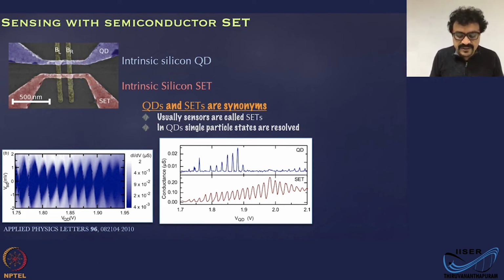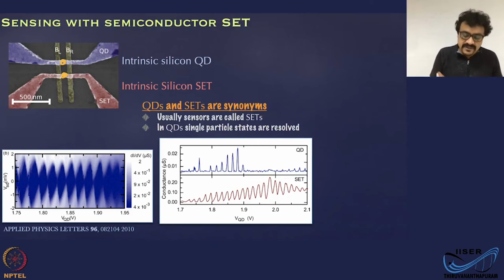Okay, so these quantum dots are defined by applying voltages on these gates. So you have two gates, B, L and B, R. Those are the barrier gates which define the quantum dot. You have a quantum dot here, you have an SET here. But in this case, both are very similar, and both have a similar geometry and similar size also.